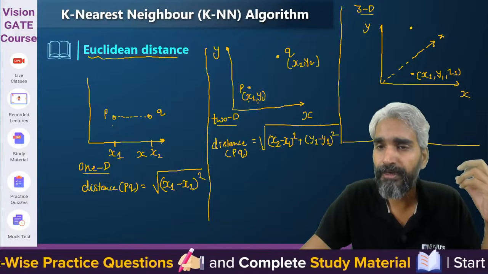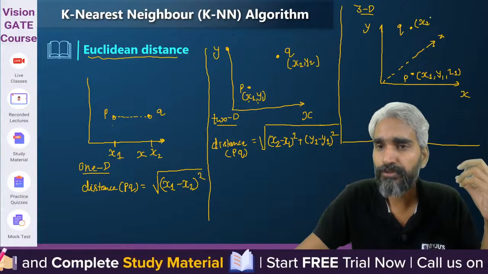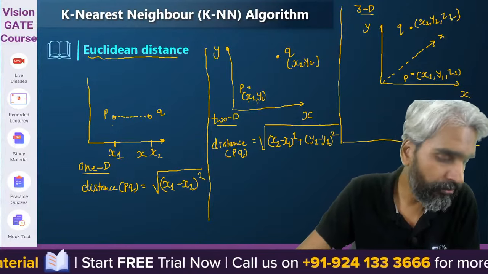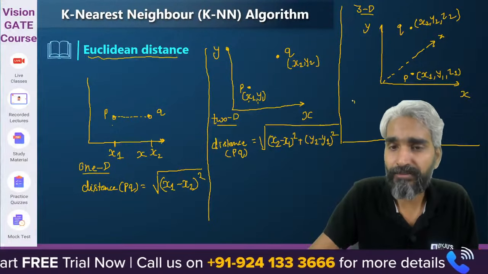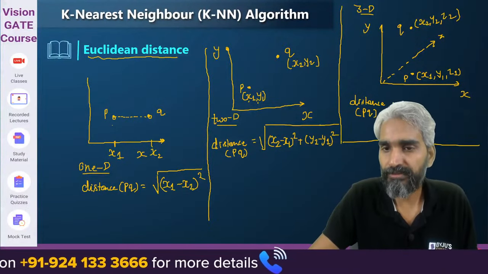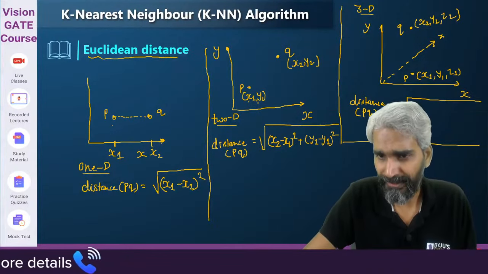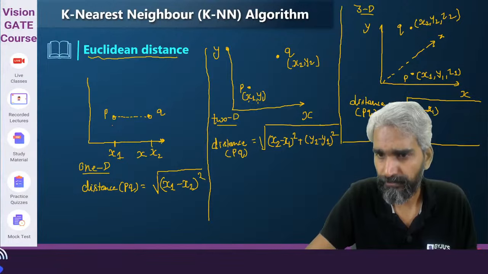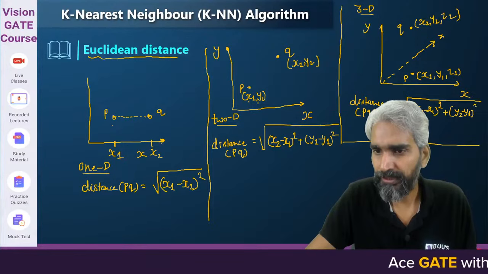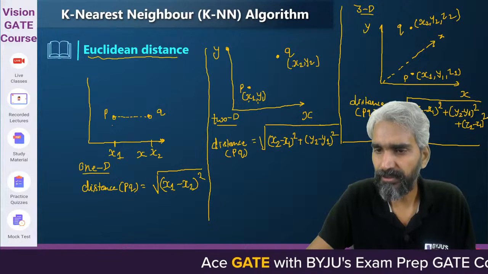If there is another point in three-dimensional space, that is Q, and if this point is X2, Y2 and Z2, then how do we calculate the distance? The distance of P and Q will be x2 minus x1 square plus y2 minus y1 square plus z2 minus z1 square. That's what we do.